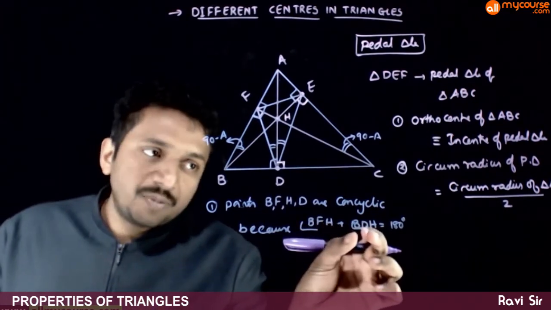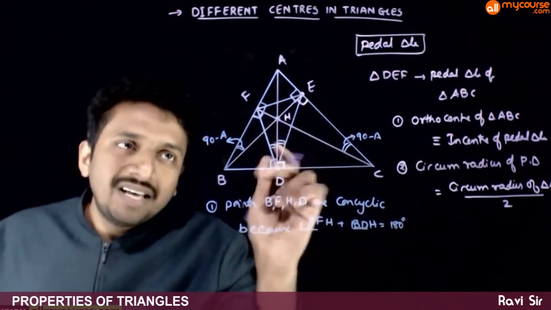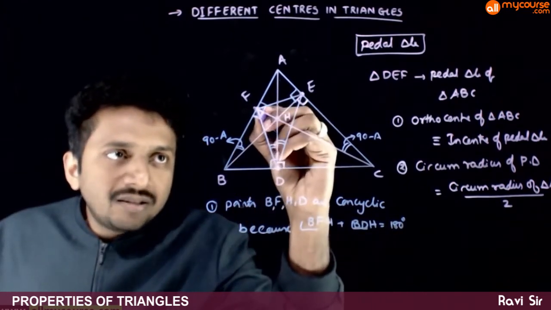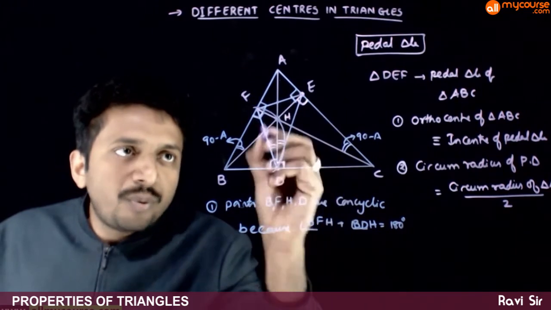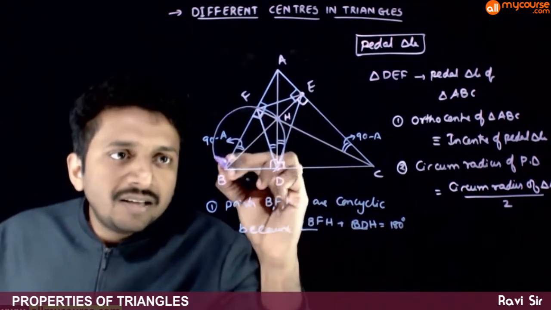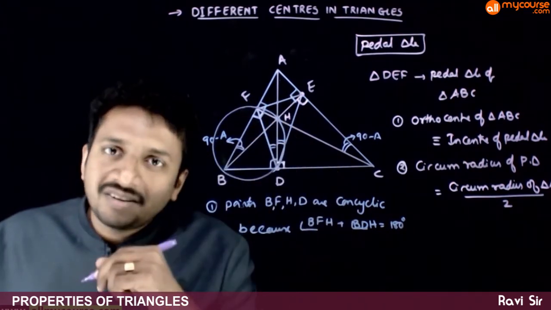Hence, you can draw a circle through these 4 points.